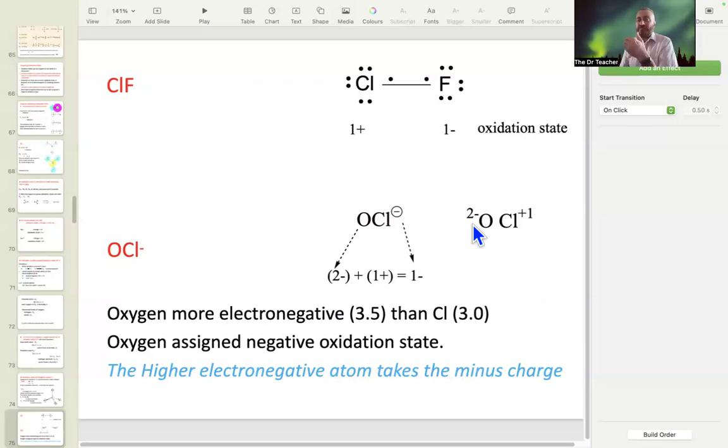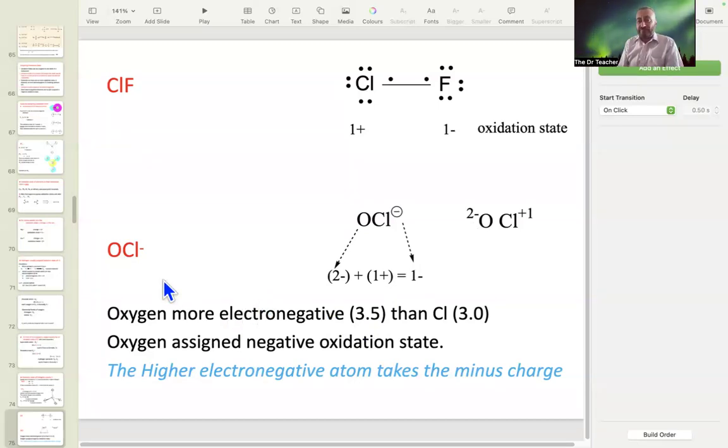Here the oxygen is more powerful, more electronegative, 3.5 compared to chlorine at 3. So which one has more electronegativity will gain the electron, and become negatively charged.